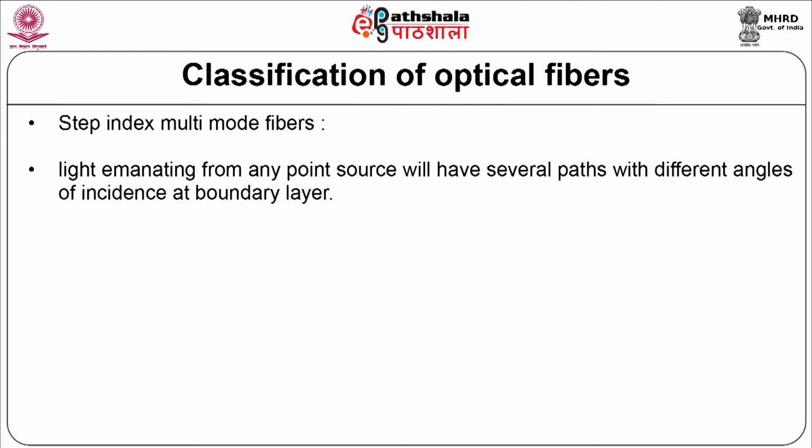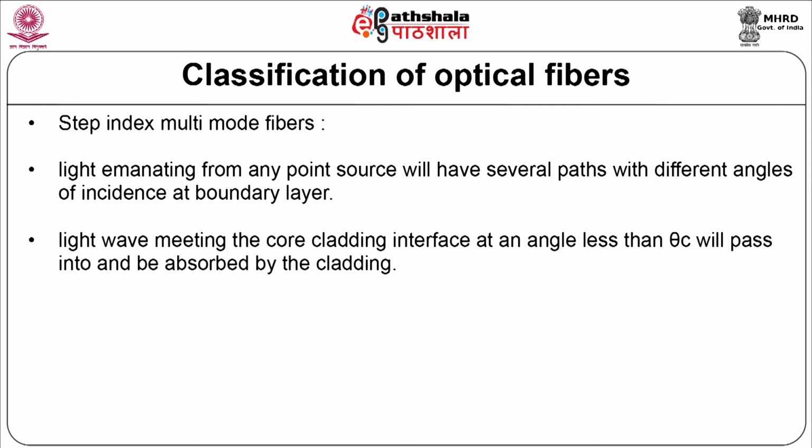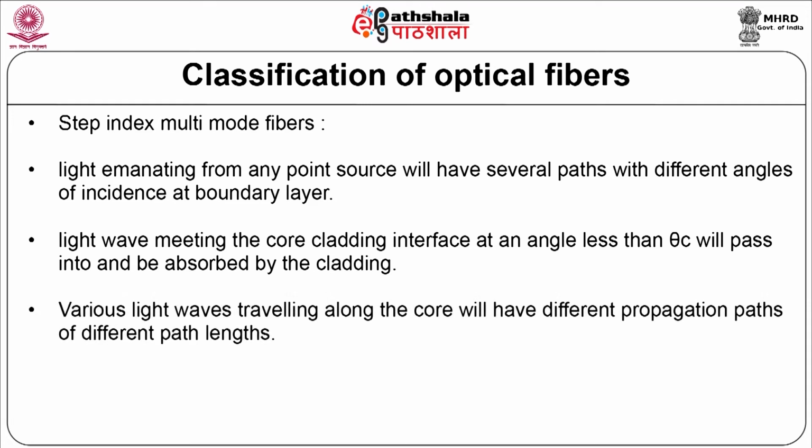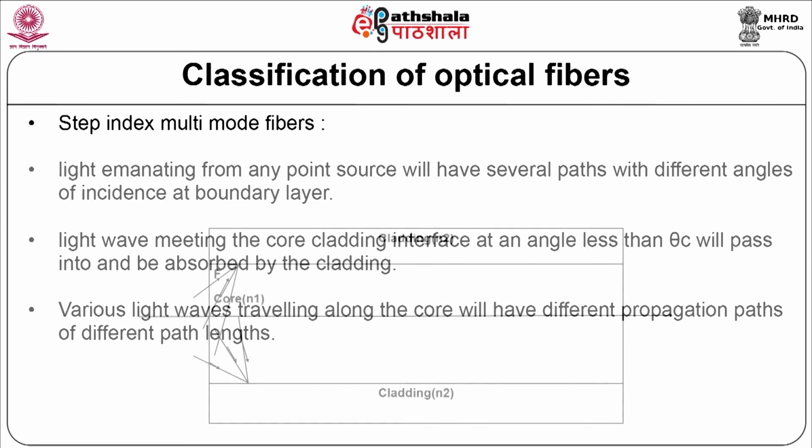The light coming from any point source will have several paths with different angles of incidence at the boundary layer. A light wave meeting the core cladding interface at an angle less than the critical angle will pass into and be absorbed by the cladding. Various light waves traveling along the core will have different propagation paths of different path lengths.